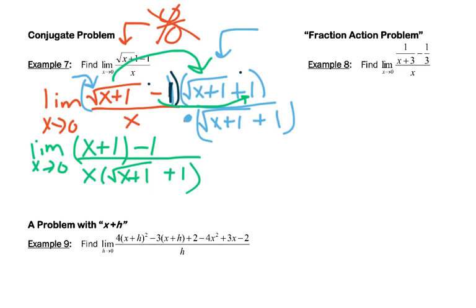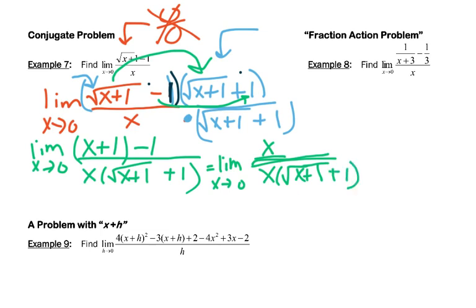So when I'm up on the top here, what ends up happening is I get my limit. Don't drop that limit until you're all done. And on the top, I end up getting, with my limit as x approaches 0, I just have my x on the top because the 1's cancel. And then I have my x times root x plus 1 plus 1.